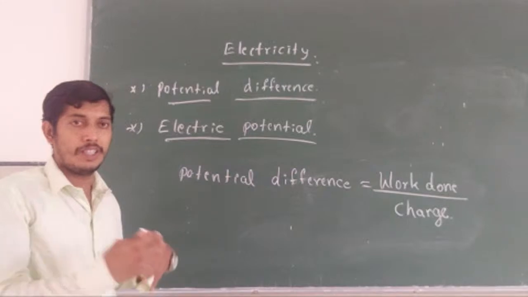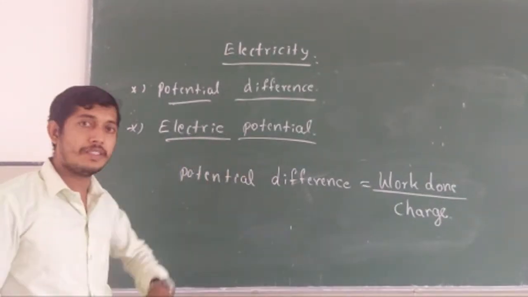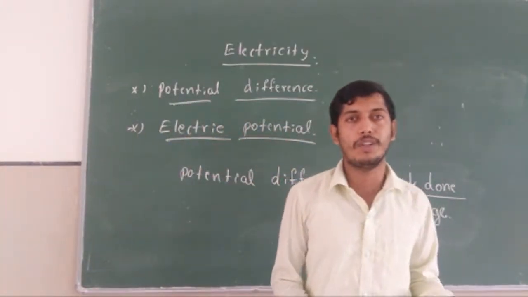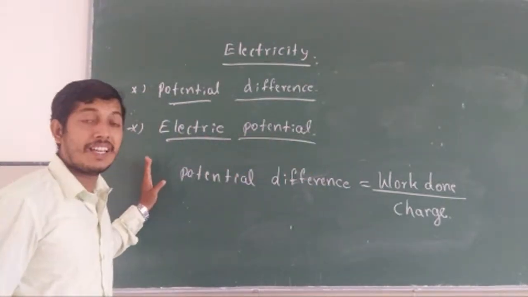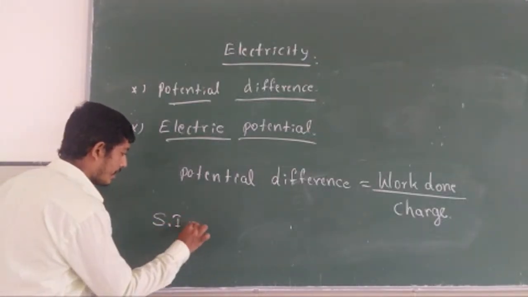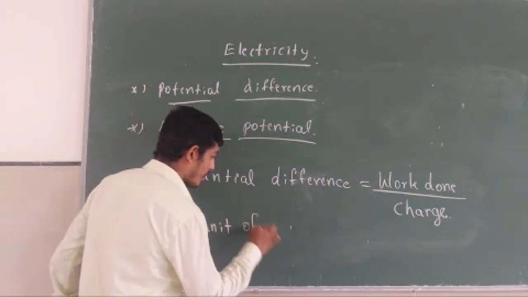Now we will come to the SI unit. Potential difference equals work done divided by charge. That means how much work is done to move a unit charge from one point to another point.